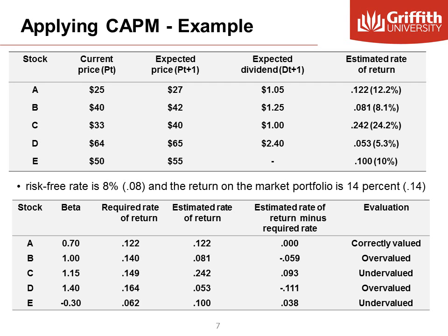So estimated return minus the required rate of return, and we can see whether the shares are correctly valued. We perform the evaluation and we find that share A is correctly valued, share B is overvalued, share C is undervalued, and so on for D and E.